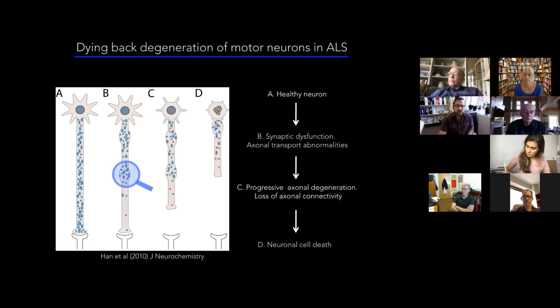The take-home message here is that, even though it's absolutely correct to try to promote the survival of these cells at late disease stages, I think the possibility that we can intervene with the disease process gets better as we tackle the earliest events in the course of the disease, such as the axonopathy and the synaptic pathology that I mentioned first.